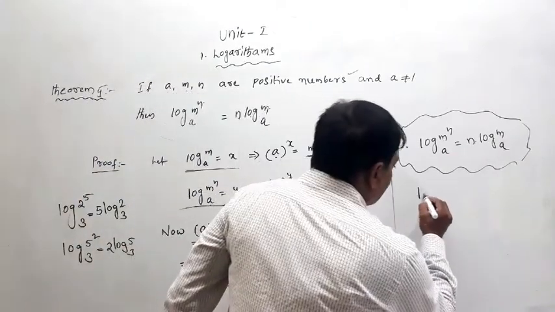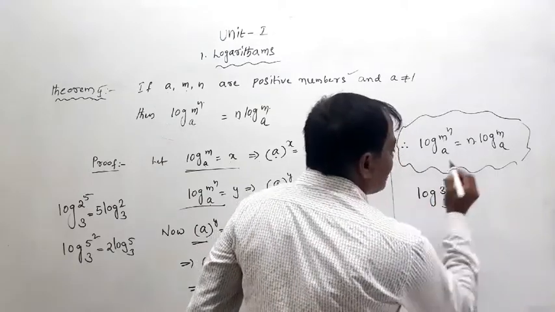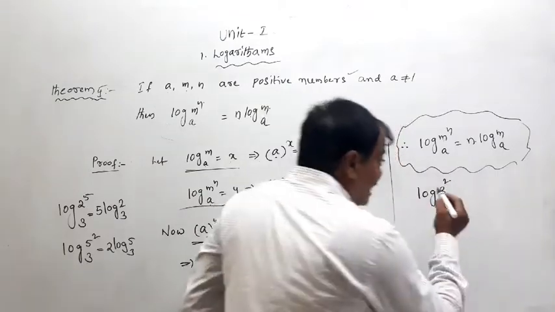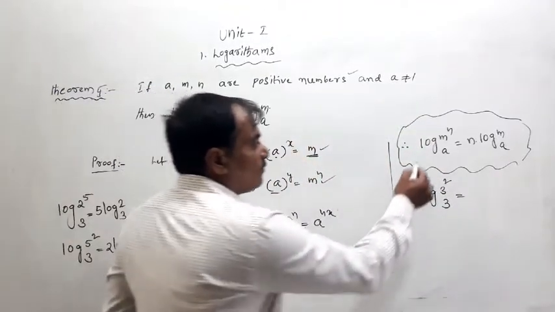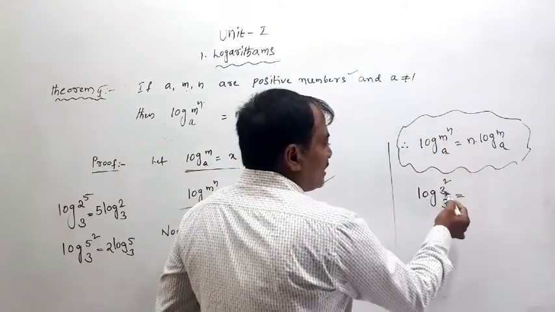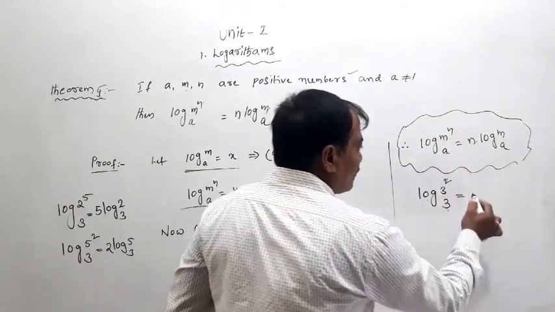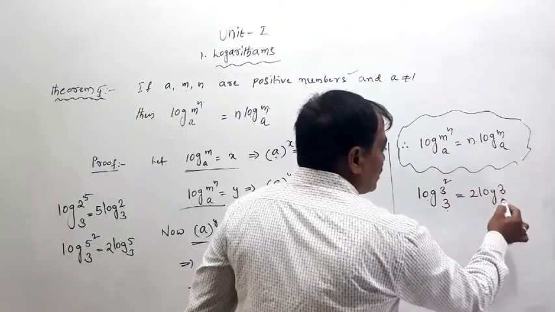And we are taking one more example, log 3 square to the base 3. We calculate this value by using this property. This is in the form of log m to the power n to the base a, which is equal to n into log 3 to the base 3.